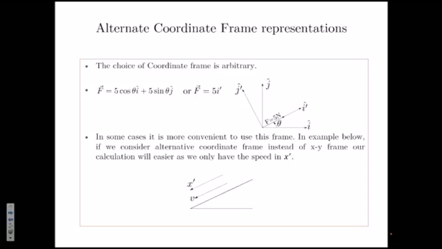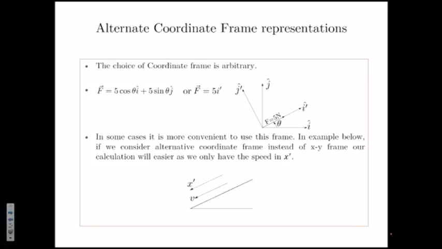Well, this vector is entirely pointing along i hat prime, which means the force would be equal to 5, which is the length, times the direction, which is i prime. So if you pick that reference frame, there is no component along the j prime direction, and that's okay too. If you show this reference frame and you write your vector like this, it's not a problem.